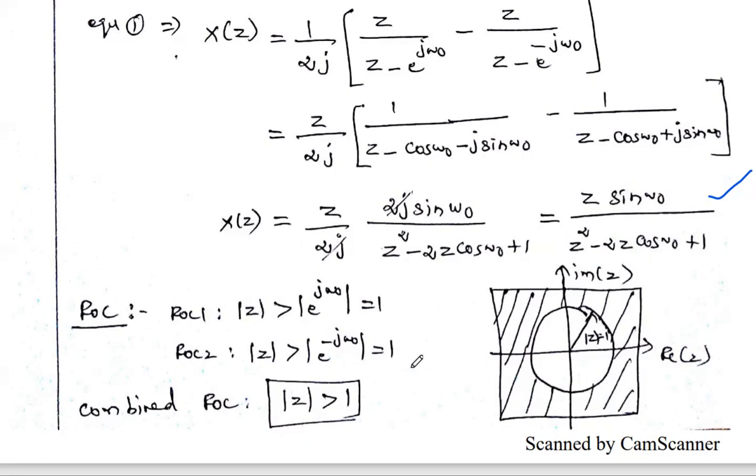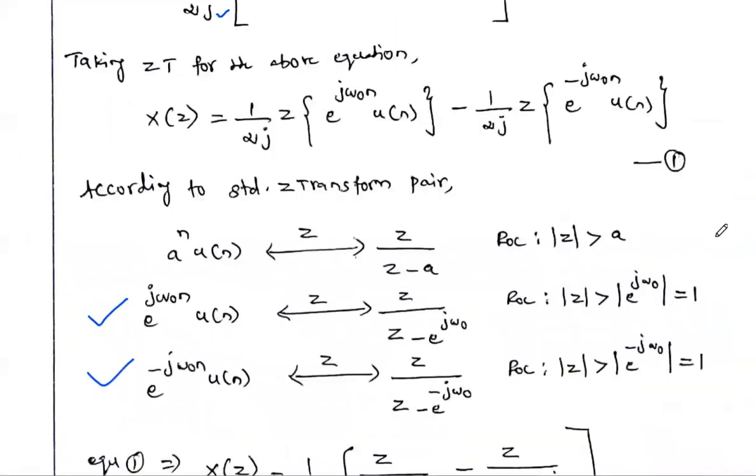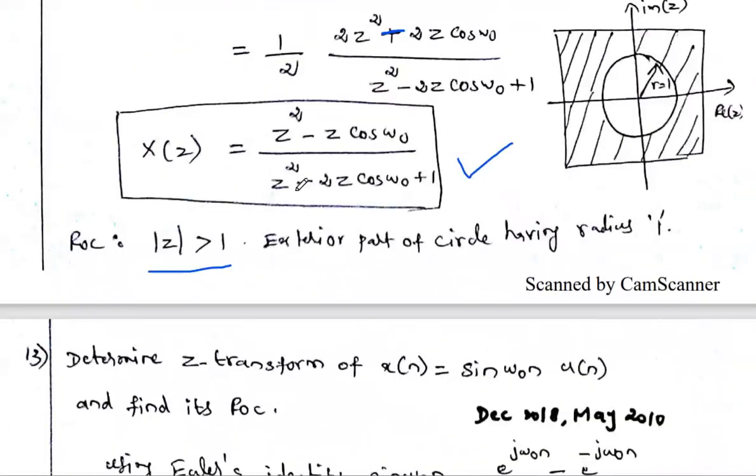Okay, so let us compare the answers for sin omega naught n and cos omega naught n. You see the denominator part. What is the denominator in sin omega naught n? Z squared minus 2Z cos omega naught plus 1.